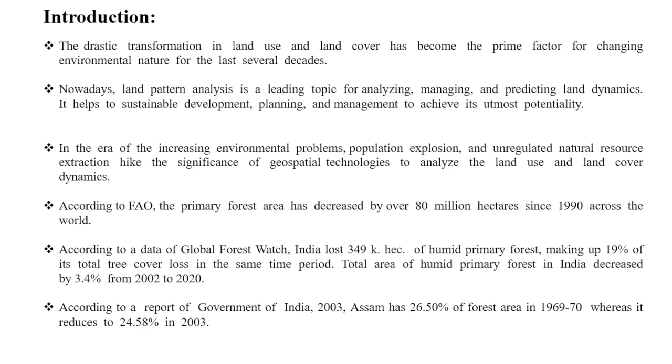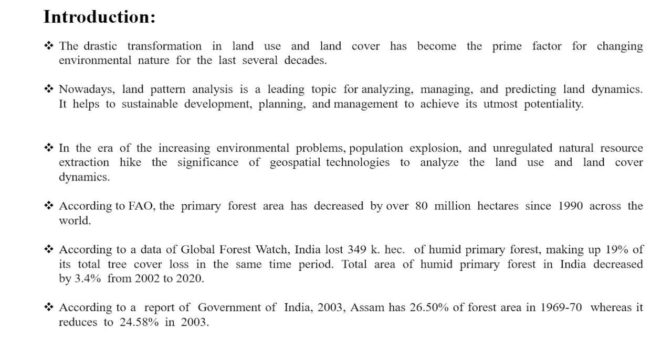From 2002 to 2020, the total area of humid primary forest in India decreased by 3.4%. The decline is indicative of broader issues related to land use changes and pressure exerted by human activities on natural ecosystems. Specific to Assam, a report by the Government of India in 2003 highlights a significant reduction in the forest area over several decades.